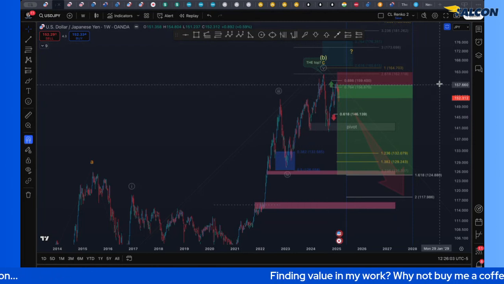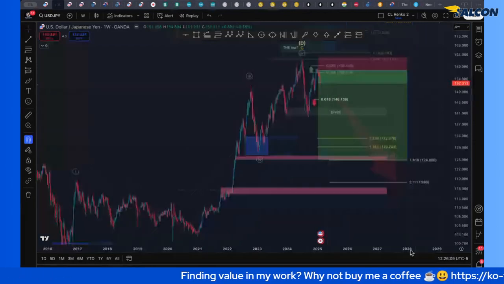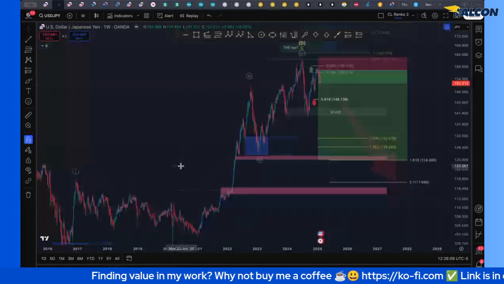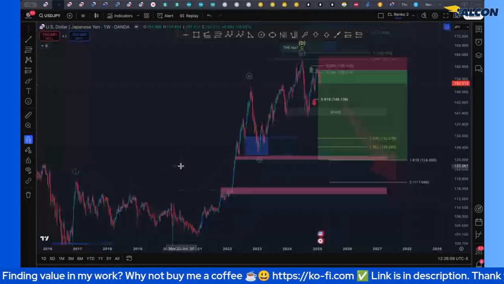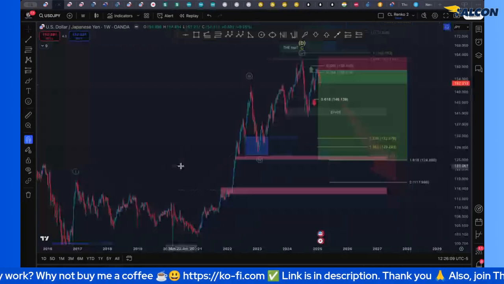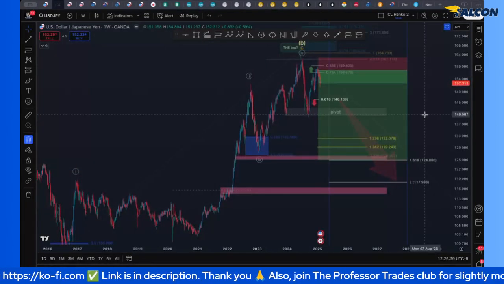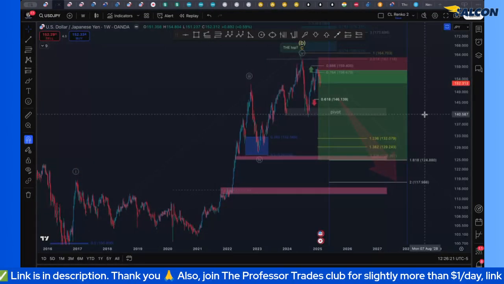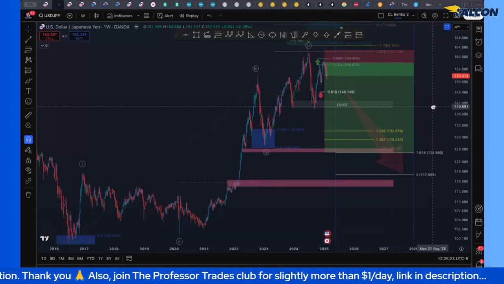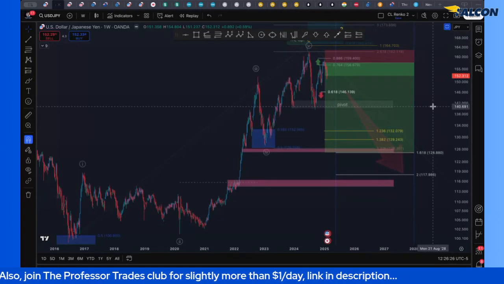But the way I'm viewing this is the C wave of B, and this is the 1, 2, 3, 4, 5. I'm not just throwing these on there. These are following measurements, following parameters based on Elliott wave. This is a weekly chart of the UJ pair, and I am short and price is coming down.